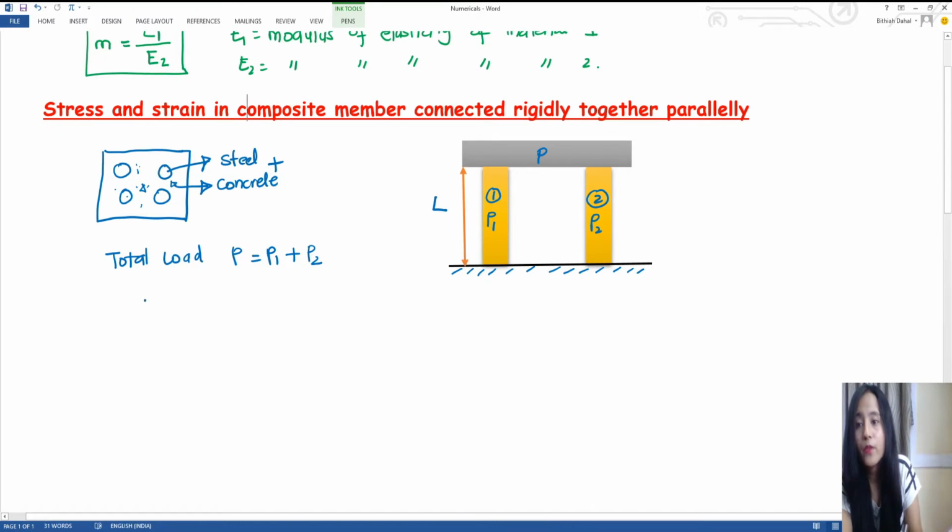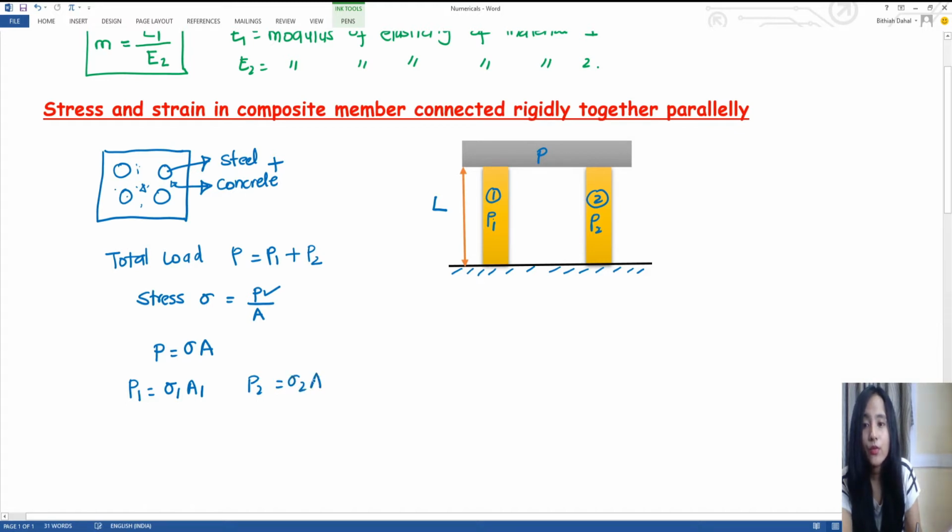Now from the relation stress sigma equals force by area, I can find force as P equals sigma into area. So P1 will be equal to sigma 1 A1. Similarly, P2 will be equal to sigma 2 A2.